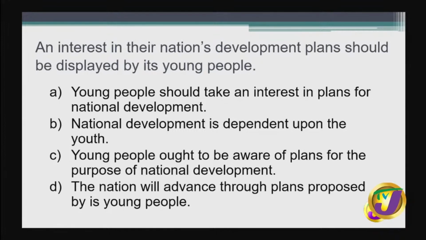Young people should take an interest in plans for national development. Is B your answer? National development is dependent upon the youth. C says young people ought to be aware of the plans for the purpose of national development. And D says the nation will advance through plans proposed by its young people.